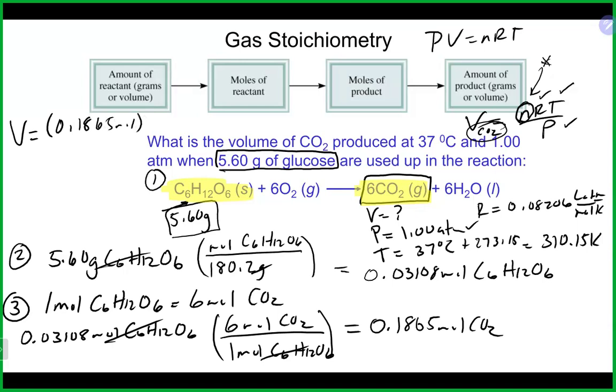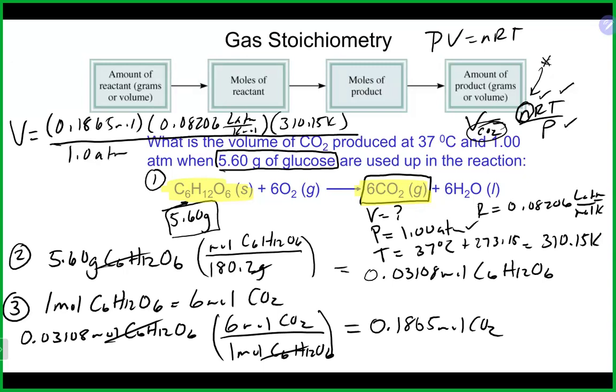We are going to use our R, which is a constant. We're going to use our temperature that we just converted into Kelvin, and we are going to divide all that by our pressure, which is 1 atmosphere.